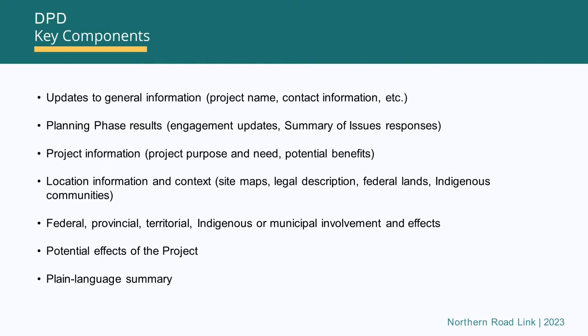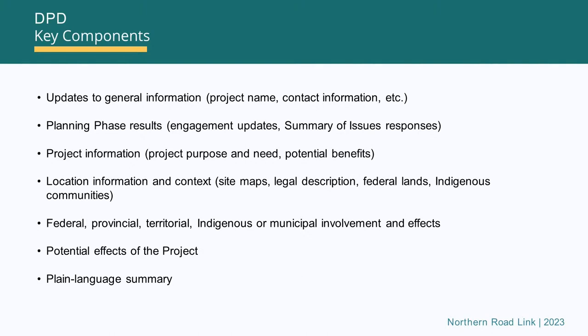And any further engagement updates: if the proponent or project initiator has had any meetings with Indigenous groups, for example, or other groups, they are to report that engagement, because it's a reflection of having solicited, tried to get feedback from other groups about the proponent's project.